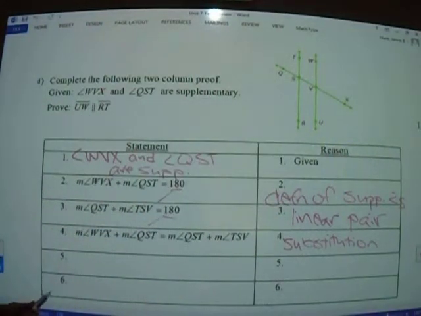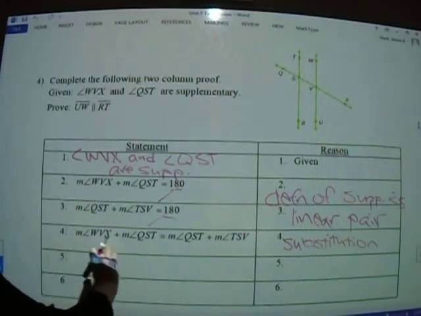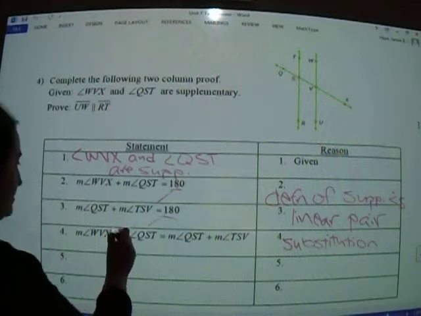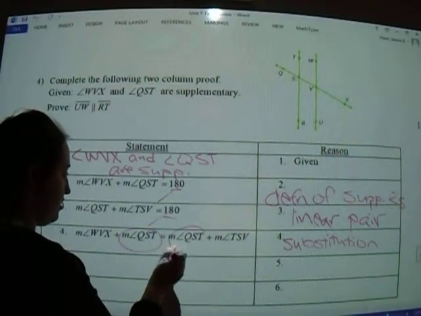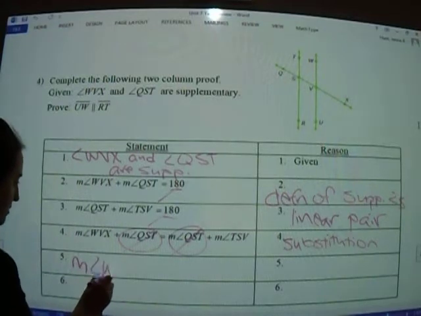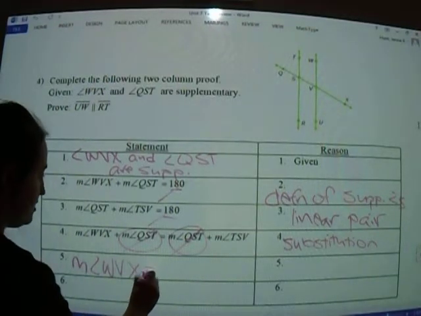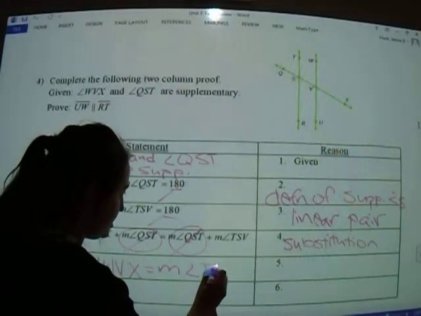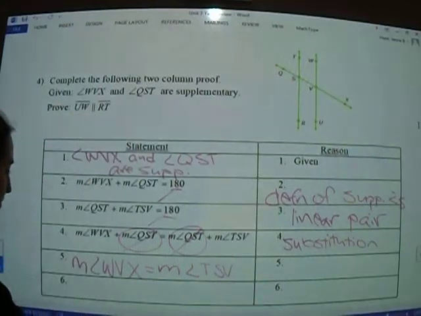All right, so now we have a blank space. So what I would do next is take a look at this, see if there's any duplicates. There are, right? Measure of angle QST. So we can just get rid of that from both sides, right? And we get the measure of angle WVX equals the measure of angle TSV, right?